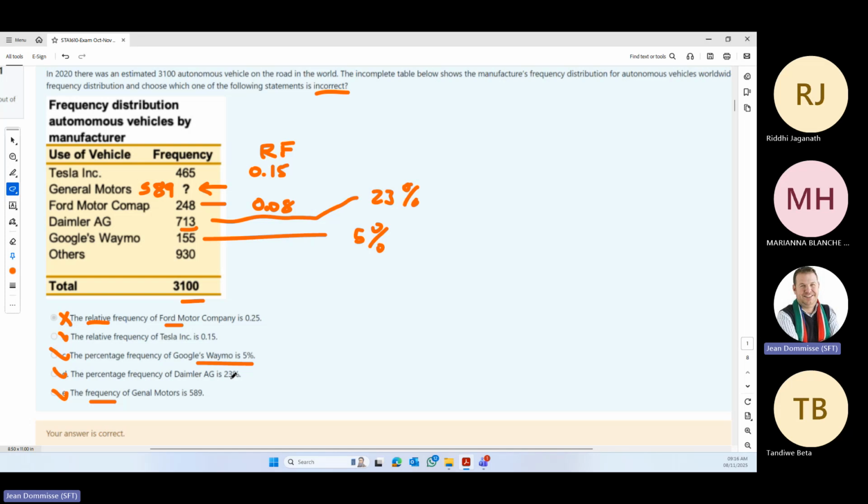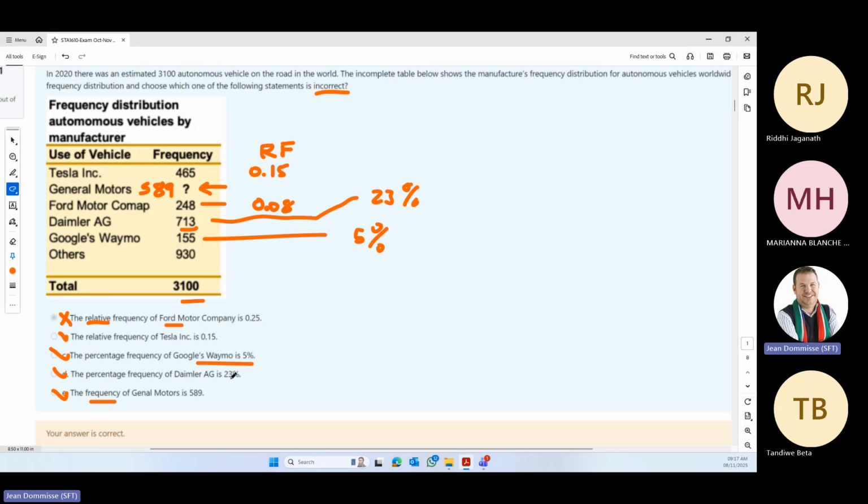For this one, remember, this is qualitative data or categorical data. So then you can't work out cumulative frequency because it does not make sense.